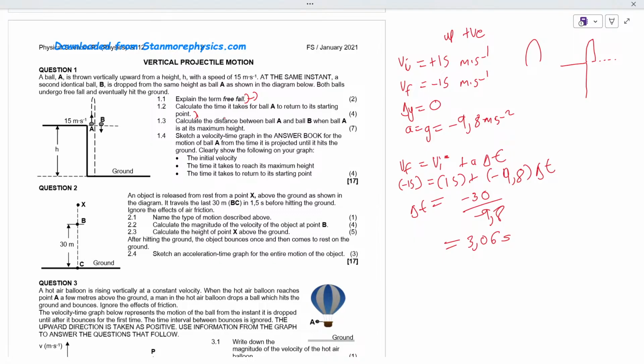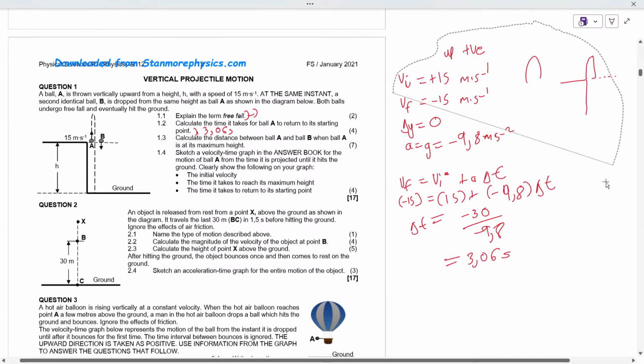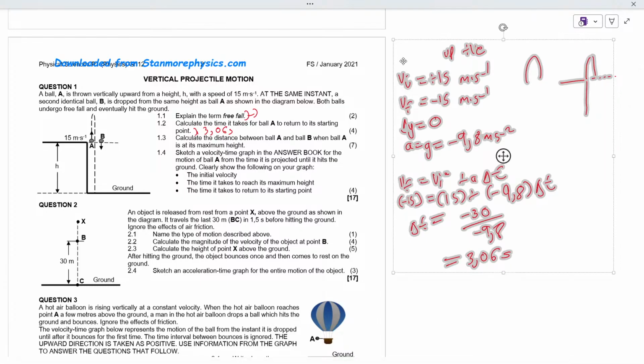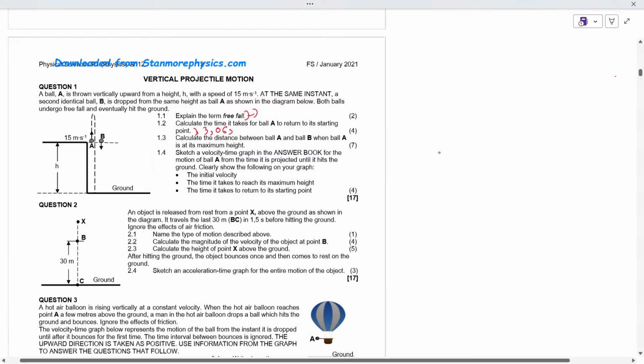So let me just write it here so that I can wrap there. And then, calculate the distance between A and B when ball A reaches its maximum height.